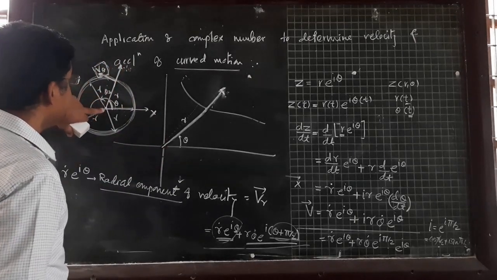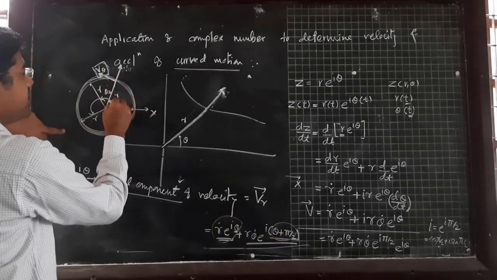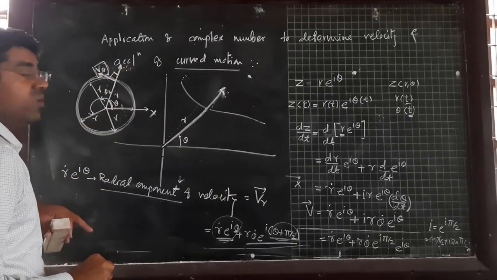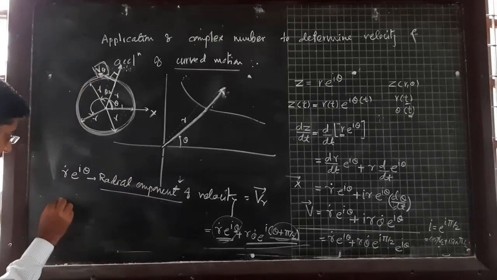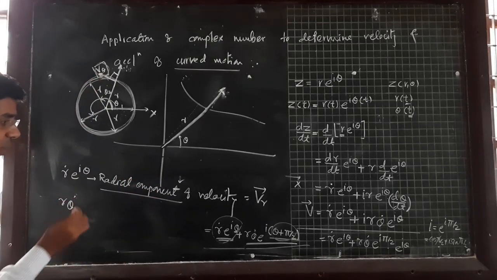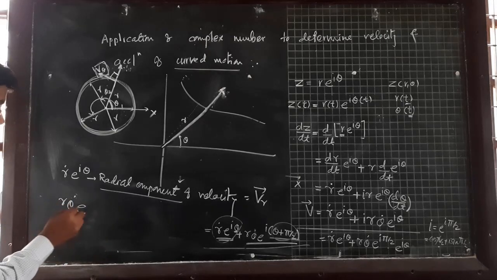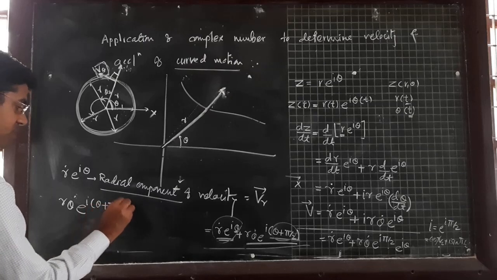So that is nothing but what? This is theta plus pi by 2. So this much theta and this angle comes into the picture. Okay. So this component is r theta dot e raised to i theta plus pi by 2.